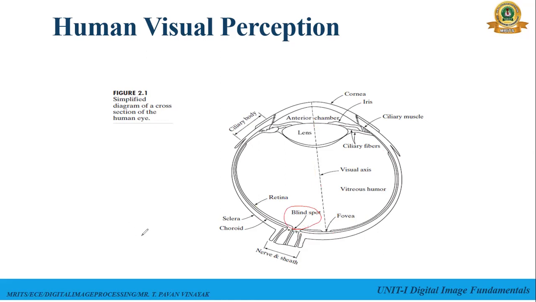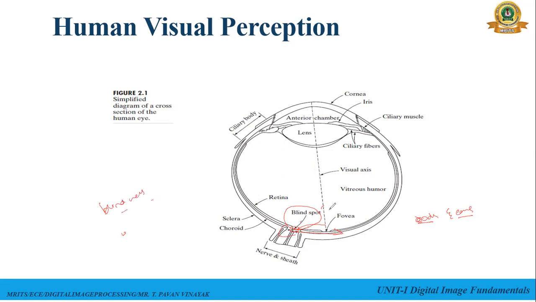It is the region near the fovea which doesn't consist of rods and cones. If it is very narrow, that means good. If it is very wide, then the person has blindness.